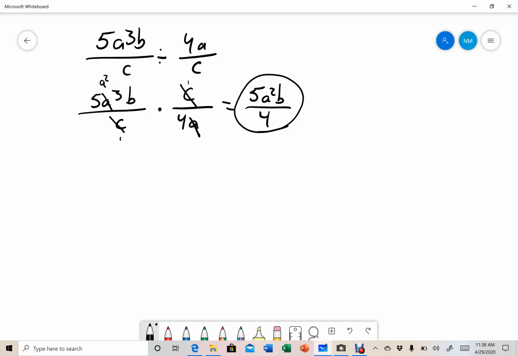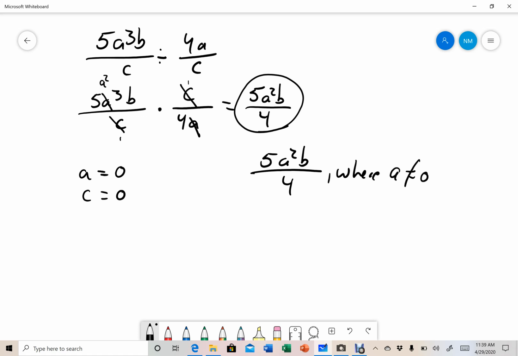I canceled out an a, so a equals 0, and I canceled out a c, so c equals 0. My final answer is 5a squared b over 4, where a does not equal 0 and c does not equal 0.